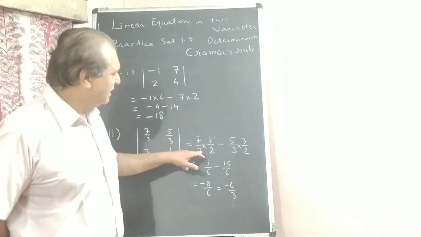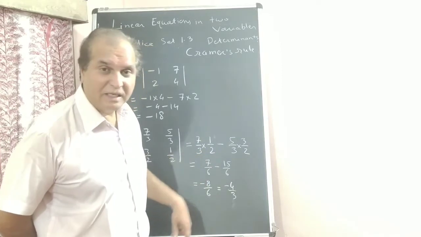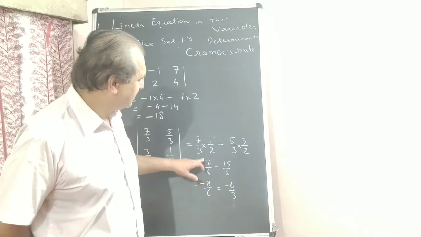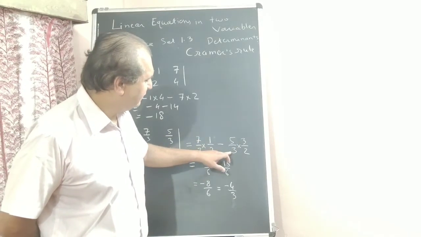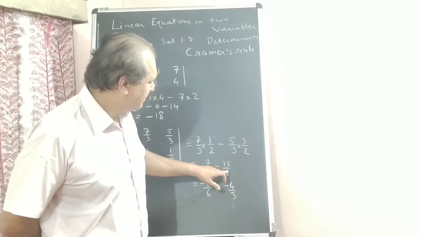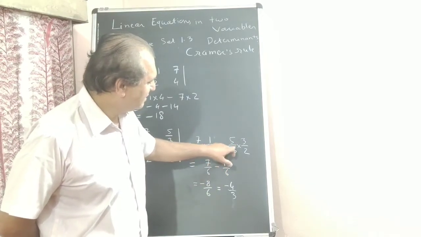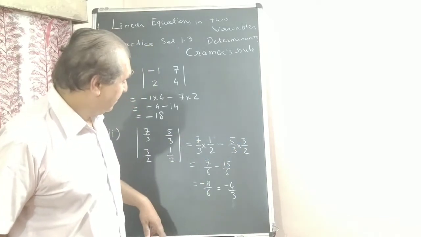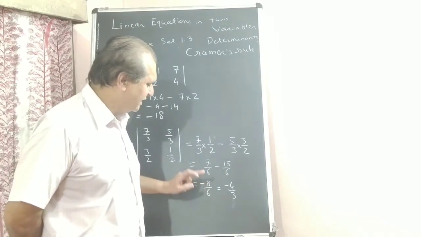Because of the fractions, actually here 3 is cutting, but I am not cutting because the denominator is the same. 7 upon 6 minus 15 upon 6. If I cut 3, again I have to equalize the denominator.